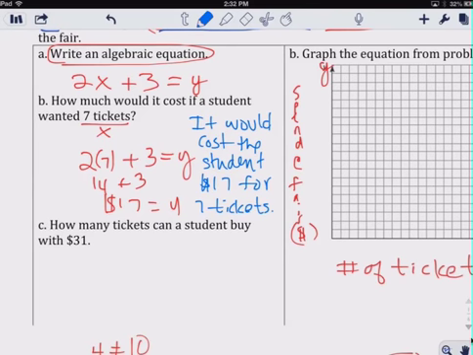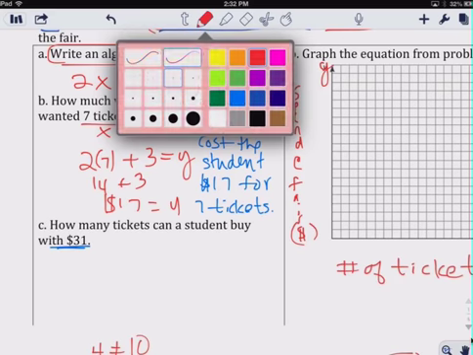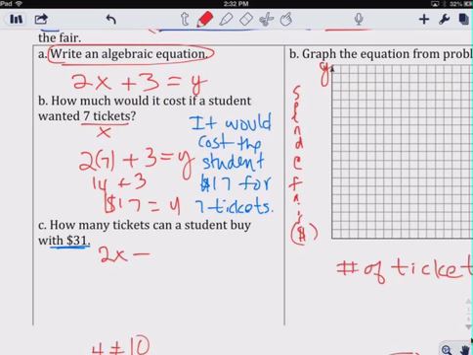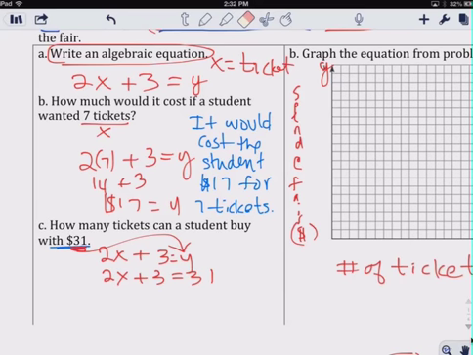How many tickets can the student buy with $31? We have our equation of 2x plus 3 equals Y. The $31 is not X because X represents tickets. This is dollars, so it goes to Y. So we get 2x plus 3 equals 31.